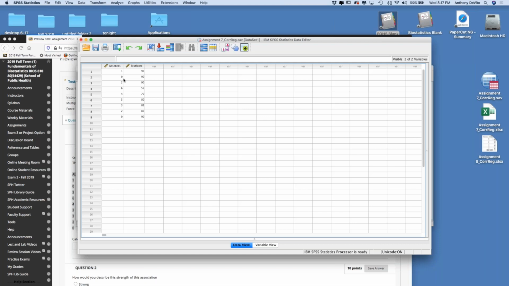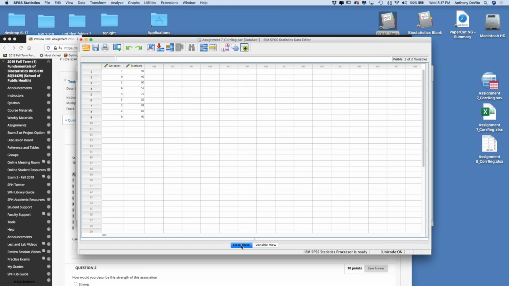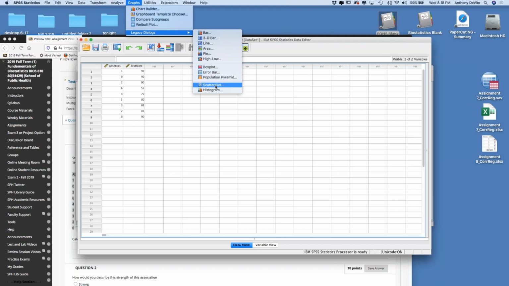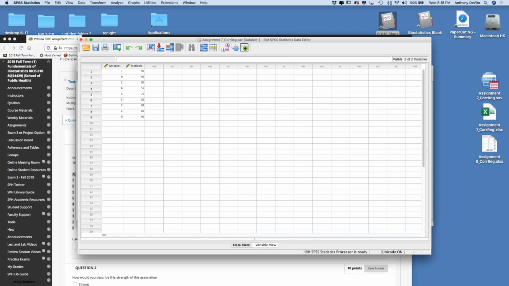It's guessing that maybe that's a nominal variable, but it really is a scale variable because it's a number of absences. So I'm going to look for this association. The first way I'm going to look for this is graphically. So I'm going to go up here to Graphs, Legacy Dialogs, Scatter/Dot. And I'm going to tell it I want a simple scatter dot.